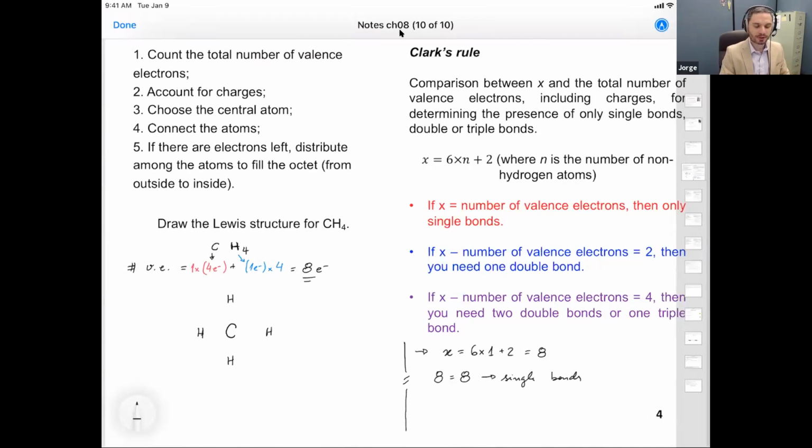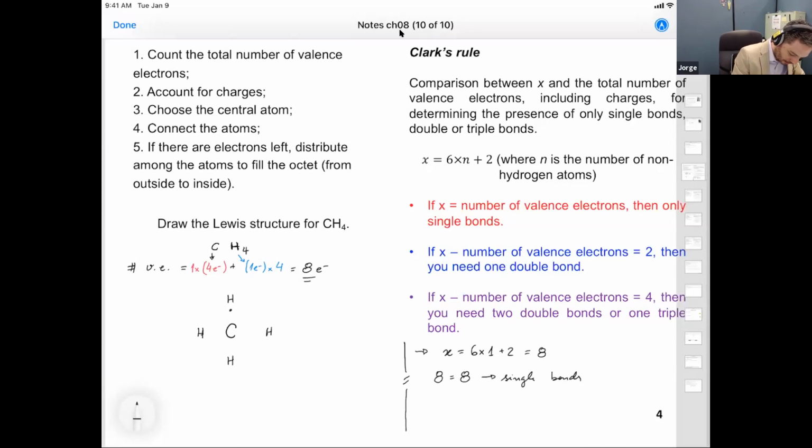Okay. So now that we know that carbon is the central atom, 4 hydrogens surrounding the carbon atom, and we only have single bonds, the next step is to connect the atoms.